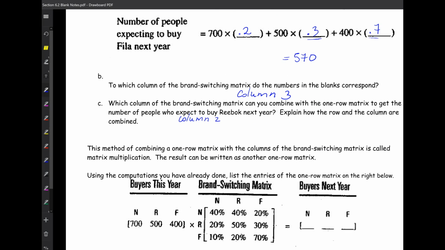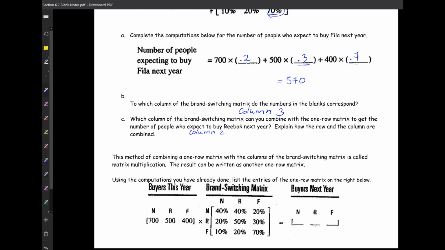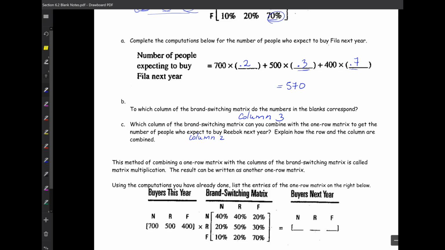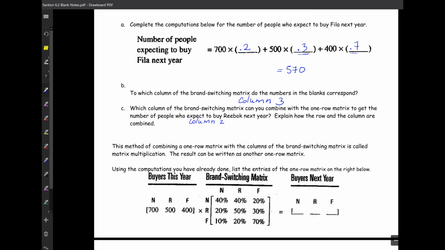But looking here, it says this method of combining a one-row matrix with the columns of the brand switching matrix is called matrix multiplication. The result can be written as another one-row matrix. For example, using the computations you've already done up at the top, list the entries of the one-row matrix on the right below.